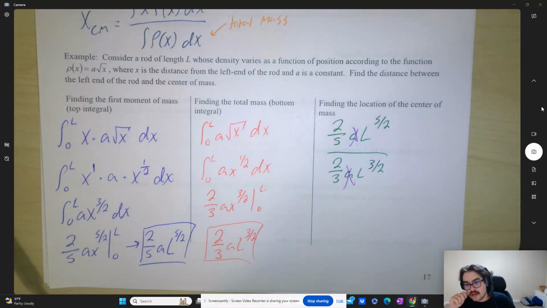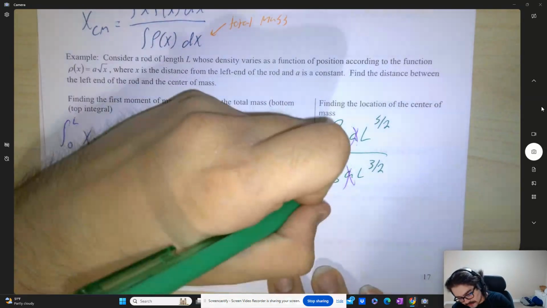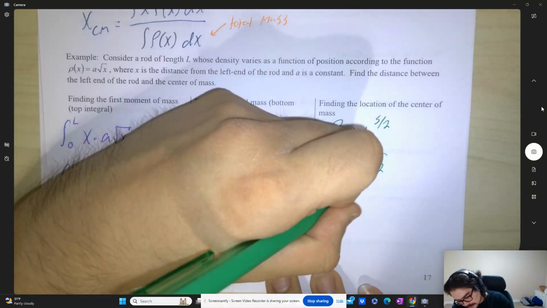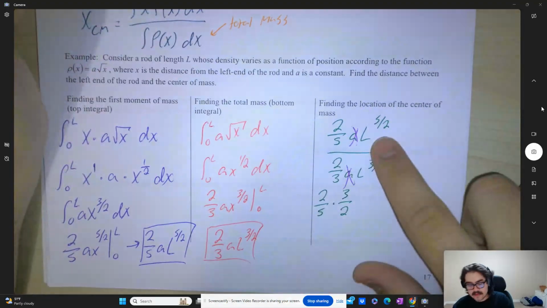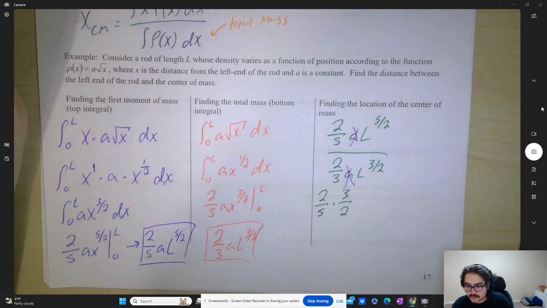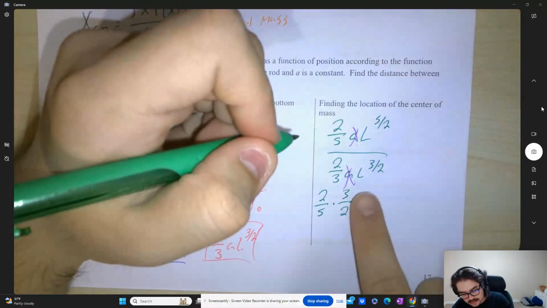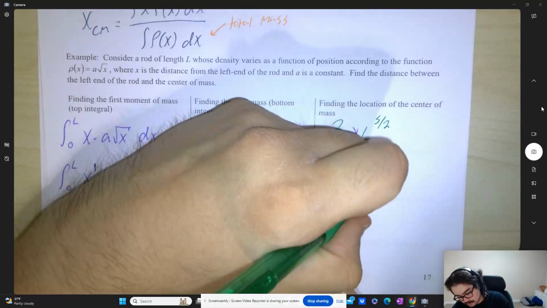The 2/5 over 2/3 is the same as 2/5 times 3/2. The L's can subtract because they're being divided. You remember your exponent subtraction rules from algebra 2? This will just be L.